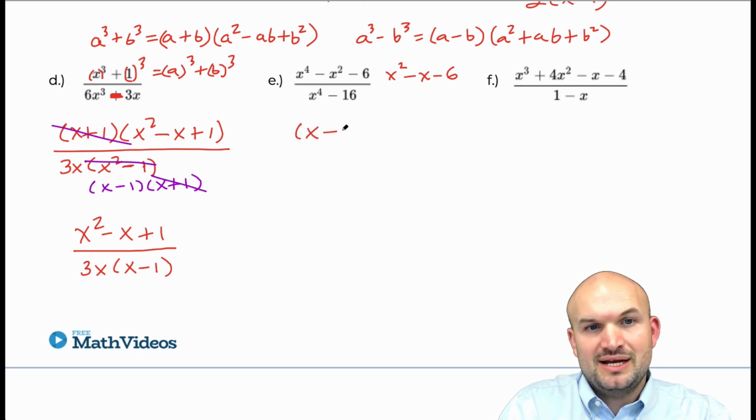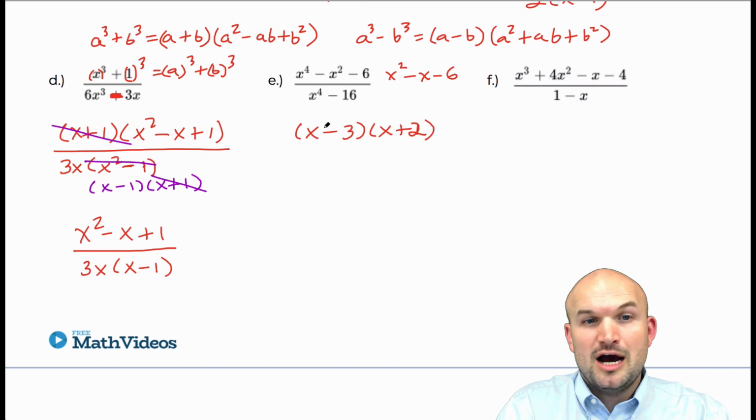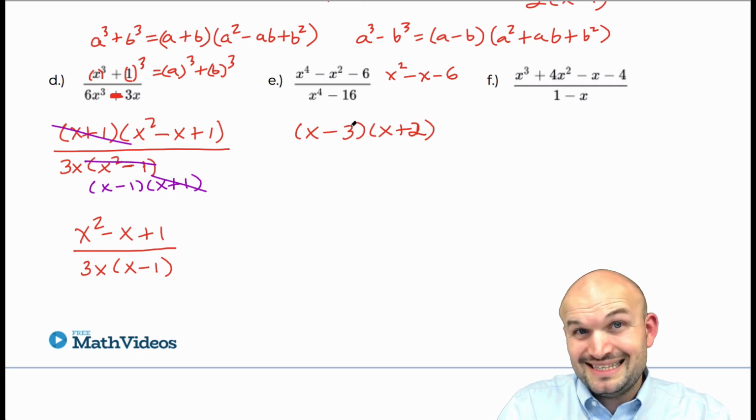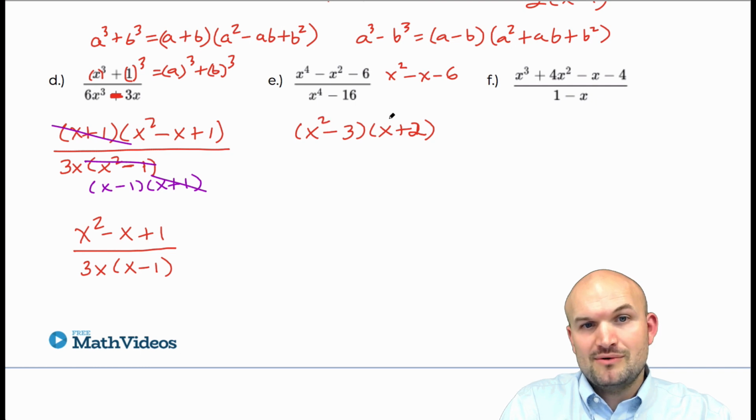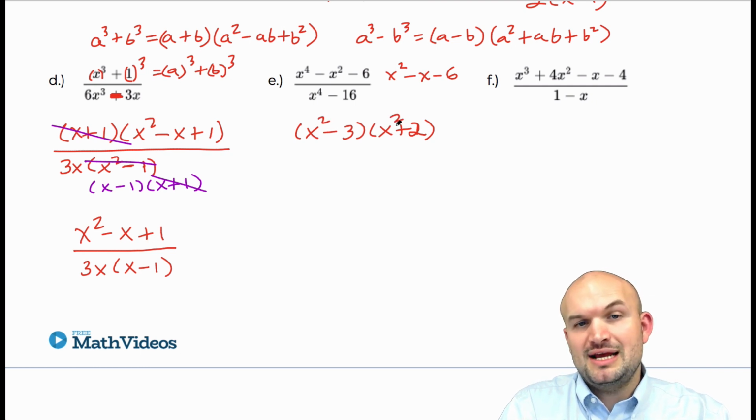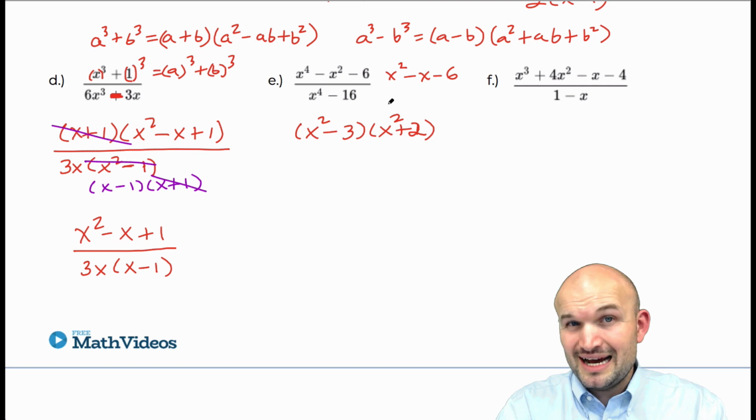That would be x minus 3 times x plus 2. This times this gives you that, and we need this times this to give you this. So all I need to do is raise the powers here to x squared minus 3 and x squared plus 2. On the same set, I want to think of this as a difference of 2 squares.